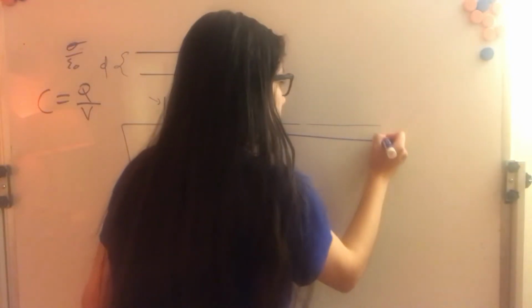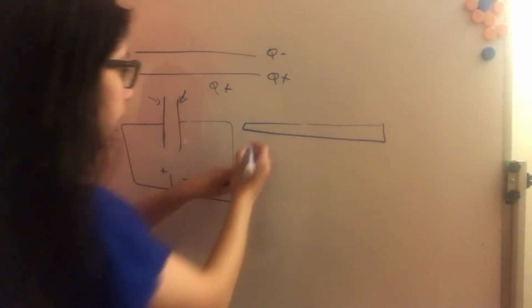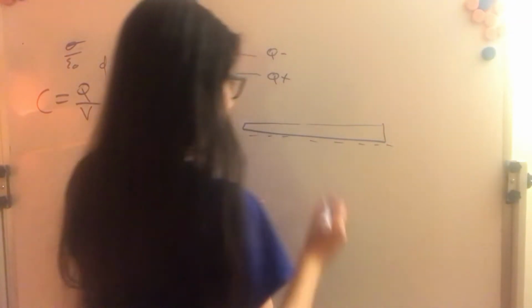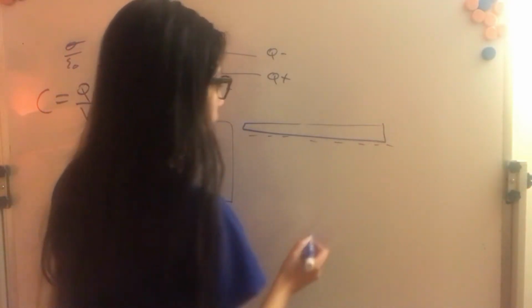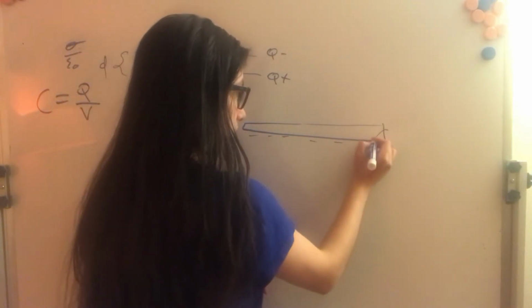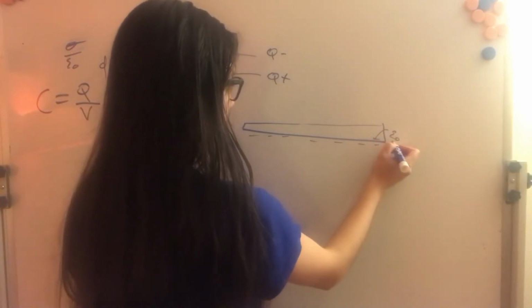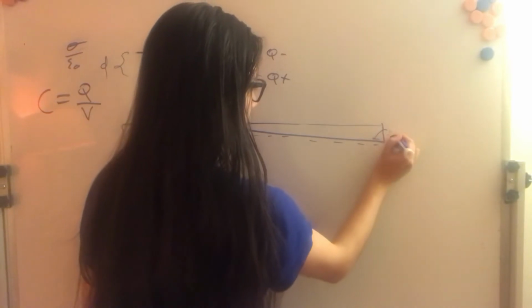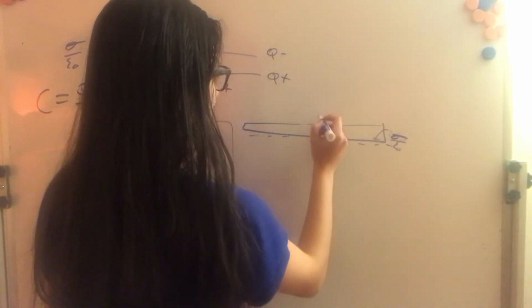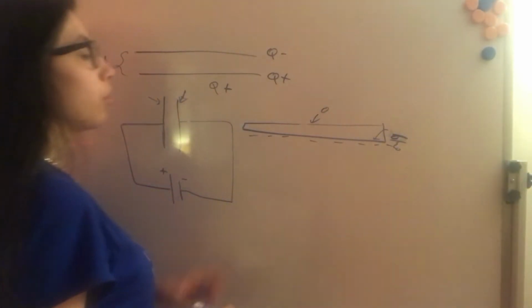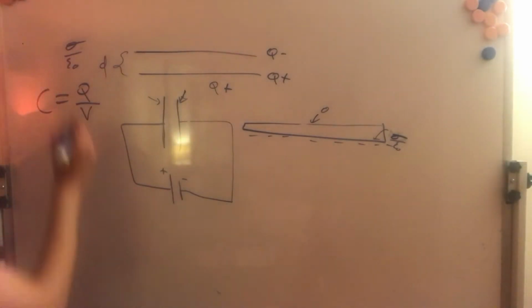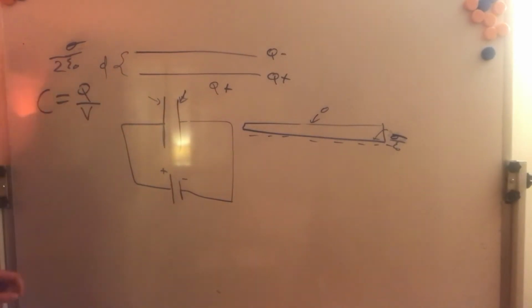The charges are in this part, and here we have no charges. So the electric field at this point is sigma divided by epsilon naught, and here it is 0. So the average electric field is one half of sigma divided by epsilon naught.